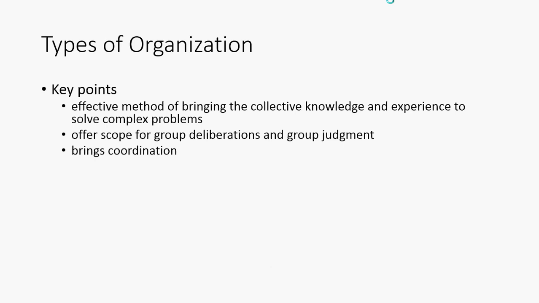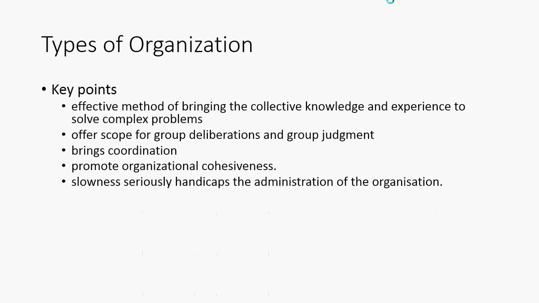People from various expertise, backgrounds and knowledge come together and give out solutions. So it brings coordination among the persons of the organization. This type of organization will promote organizational cohesiveness.